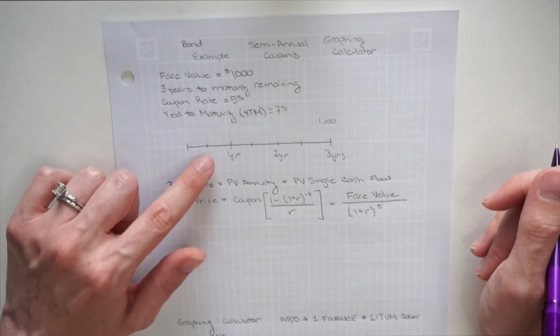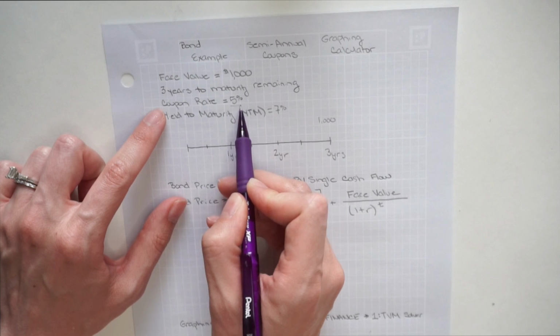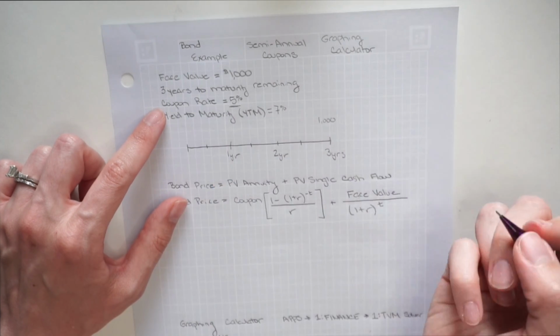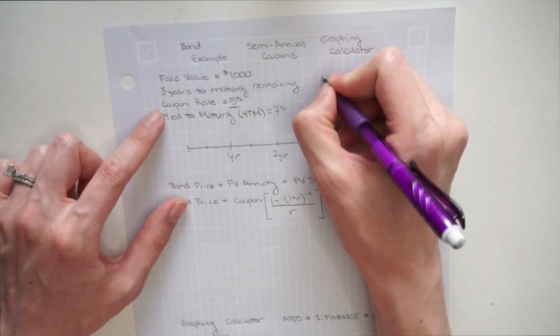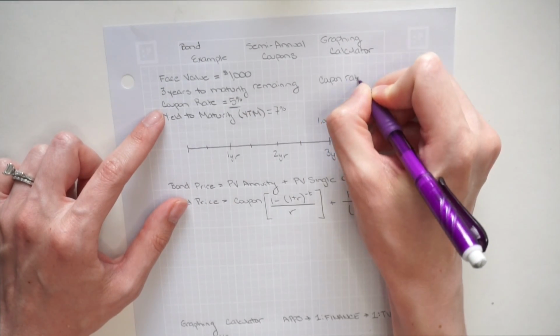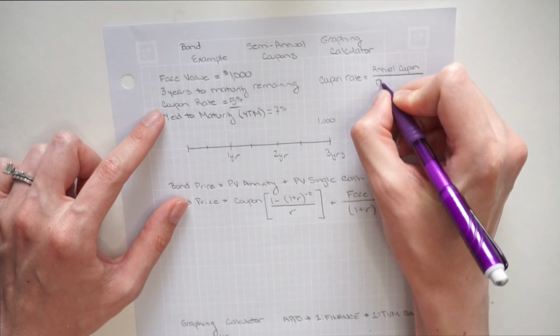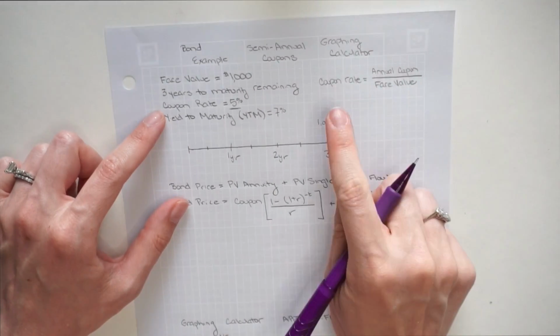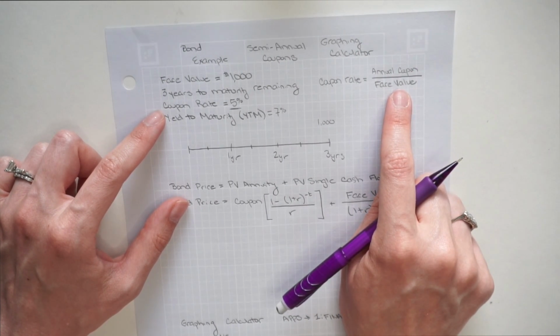So I need to figure out what that payment is going to be, and that's going to be based off of this coupon rate that we have. So again, I have that same coupon rate equation: the coupon rate equals the annual coupon divided by the face value.